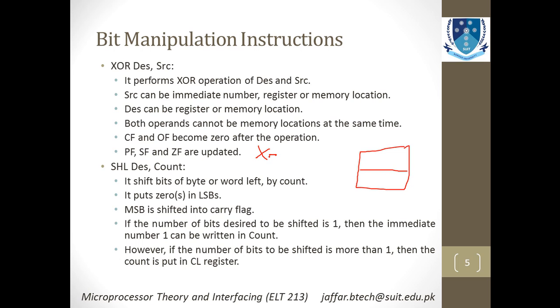Now my question to you is, how is it possible for you to use these instructions with this memory location? Let's say this is the memory location, this is the first part, and this is the second part. It is divided in two parts, but it is mentioned that you cannot take the memory location at the same time. So what is the solution for this?